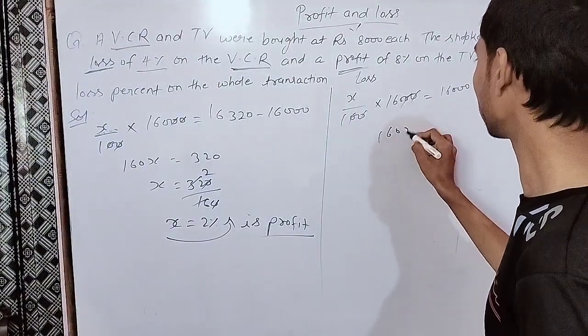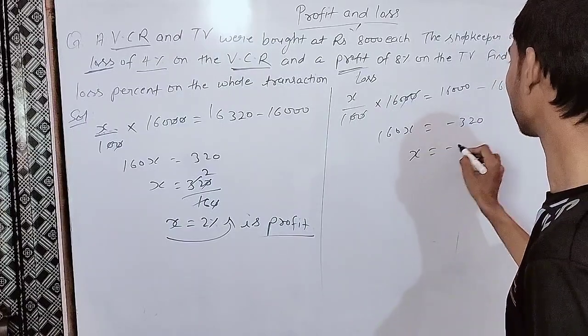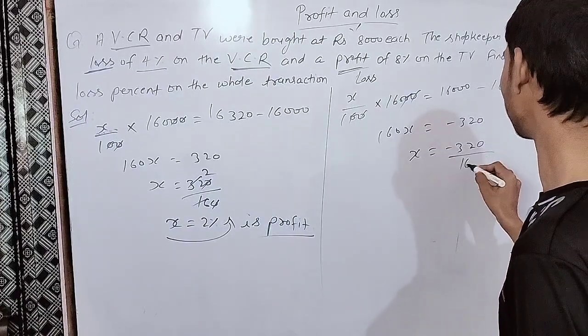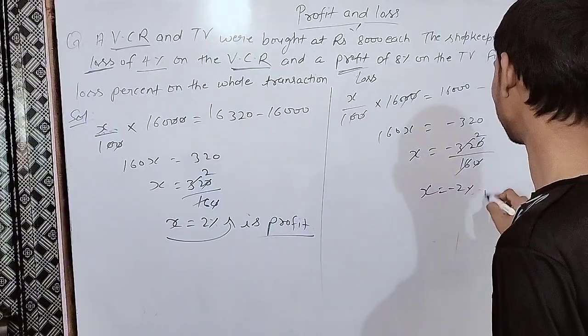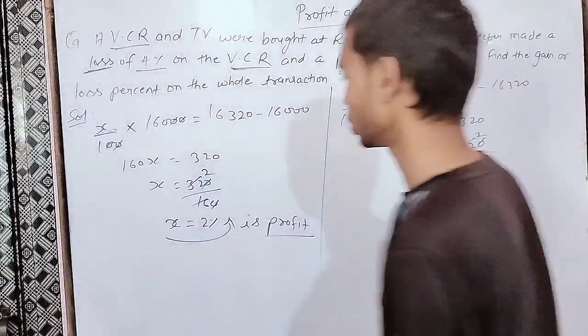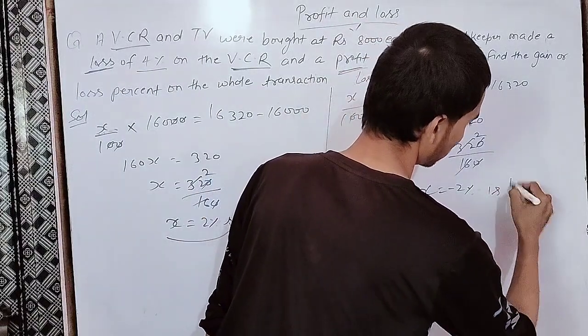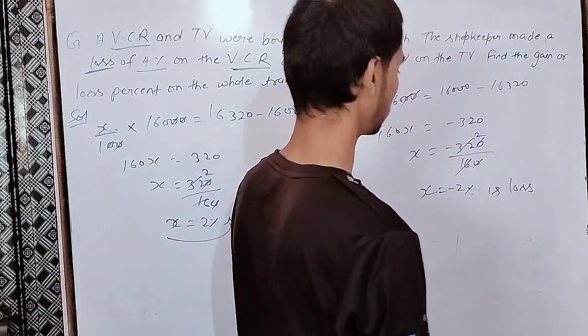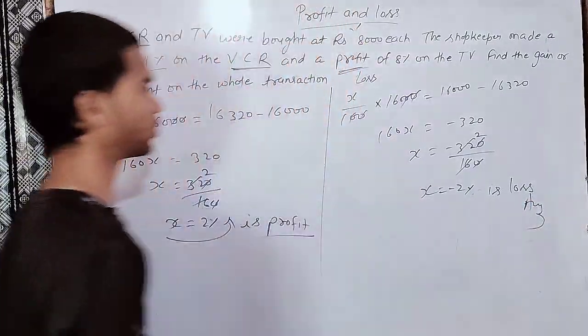Clear? 160x and again 320 upon 160. x is minus 2%. Clear? So this is a loss in percentage.